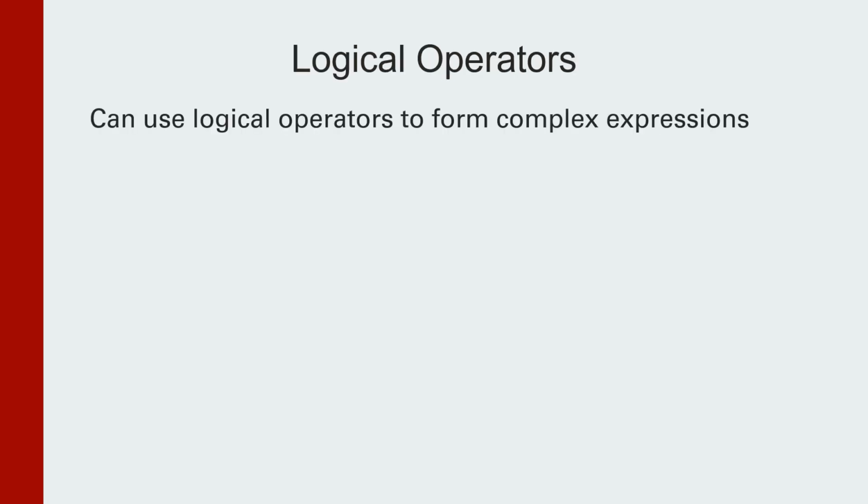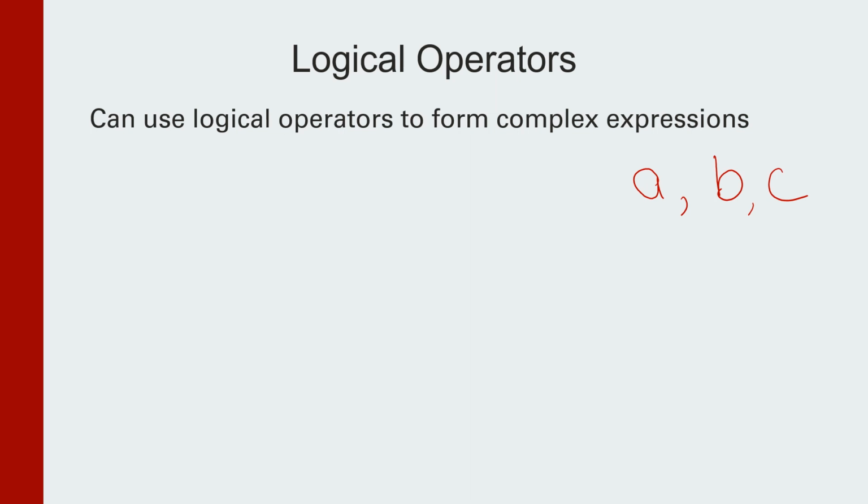As I just said, you can use logical operators to form more complex expressions. But let's think about an example of what this would mean. Let's suppose that we have three integers, a, b, and c, and we want to get the minimum value of each of these. Now, you could do it with a nested if statement, or you could just check combinations to see which one of them is minimum.